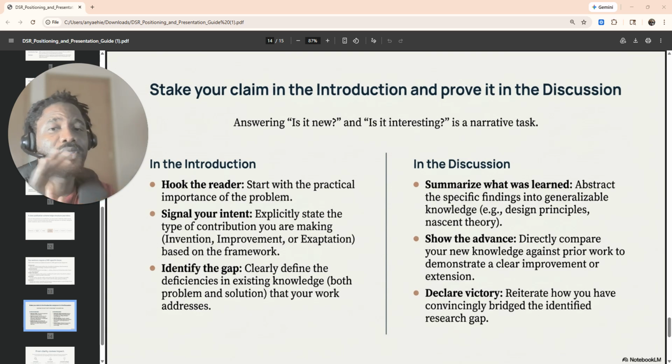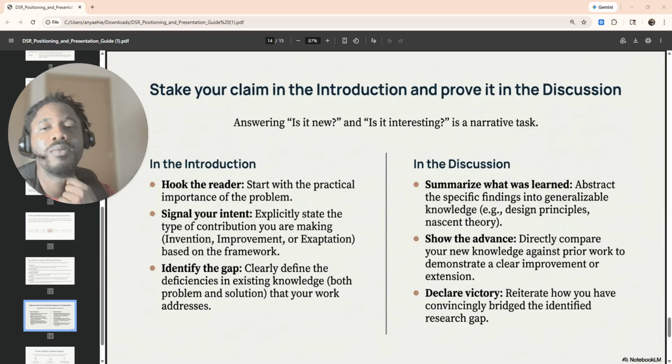Say here is the new knowledge we generated by building this. Abstract. What I just learned something new.